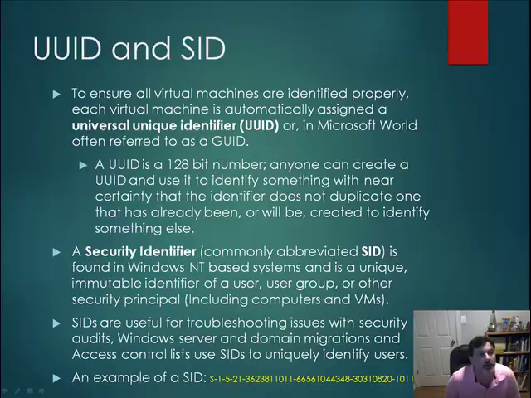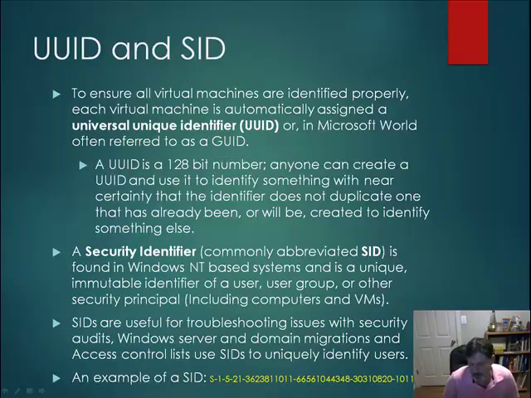So VMware, Microsoft, in some cases, they use UUIDs or GUIDs. One of the nice things about UUIDs is that it's a 128-bit number. Anyone can create a UUID and identify anything pretty much with near certainty that that identifier will not be duplicated.